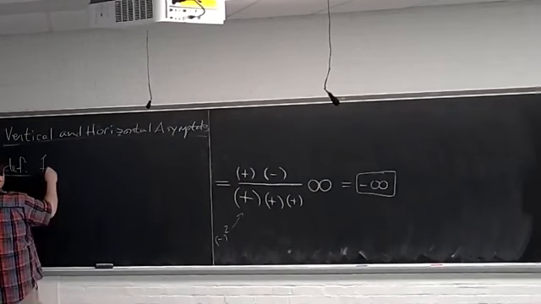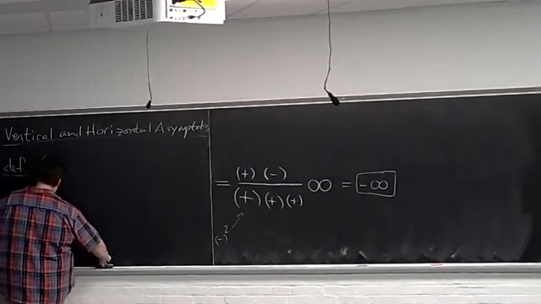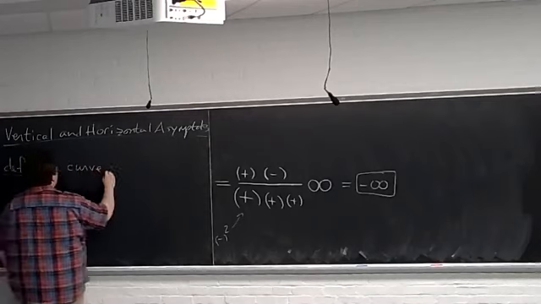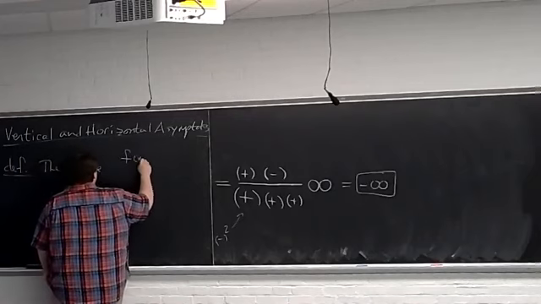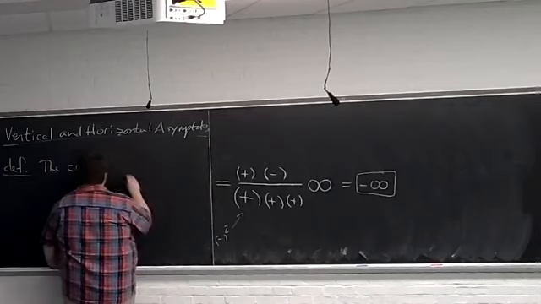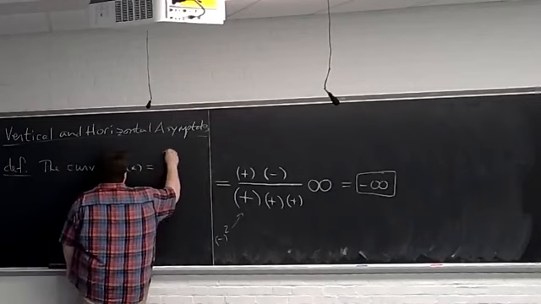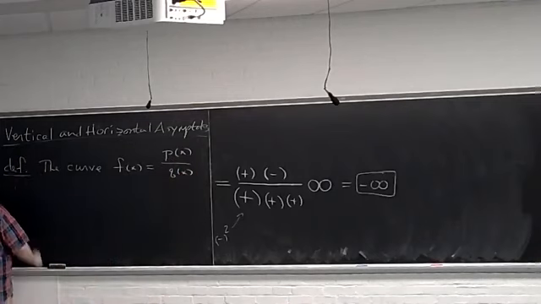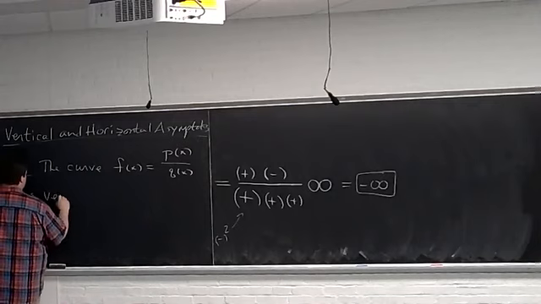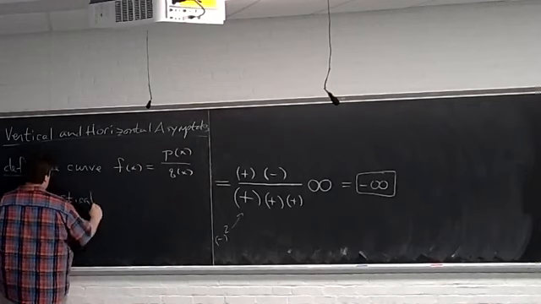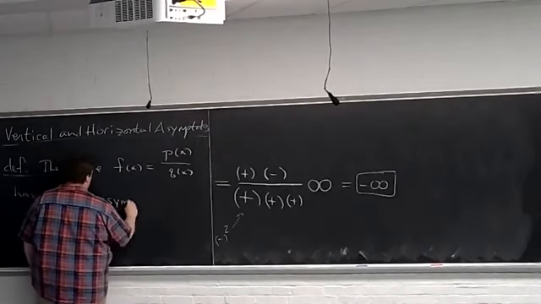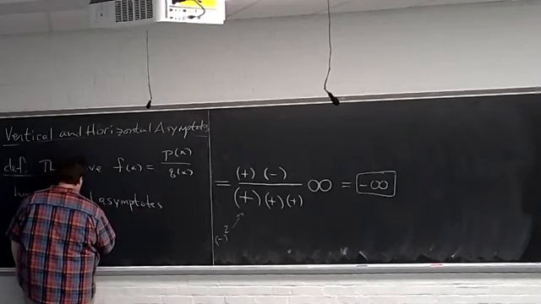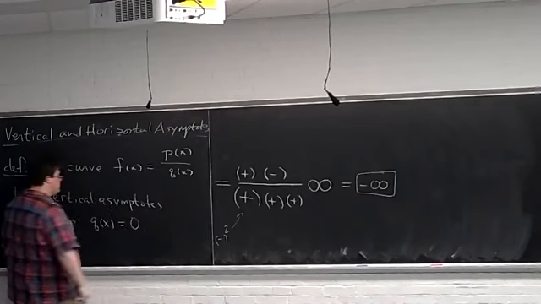So I'll just say, the curve f of x equals P of x over q of x, they're both polynomials, has vertical asymptotes when the denominator equals 0.